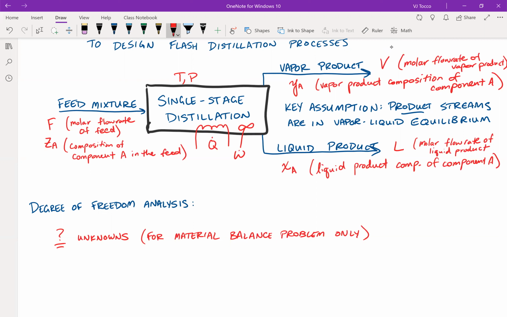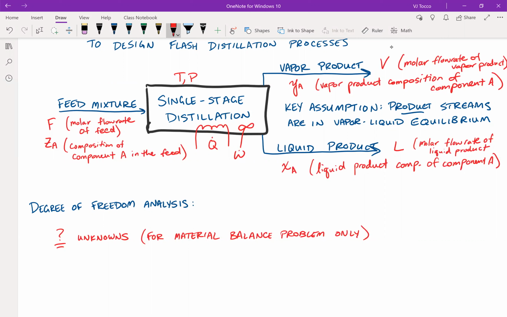Also, as a note, I drew this as a stirrer, but stirring the single stage mixture is not going to make it separate. So this is just an indication of some kind of shaft work that is changing. It's either pressurizing or reducing the pressure. And in general, I'll only do one operation or the other, not both at the same time. So in a single stage distillation, I'm either changing the pressure or the temperature while keeping the other variable constant, and then that is what is causing the mixture to evaporate.